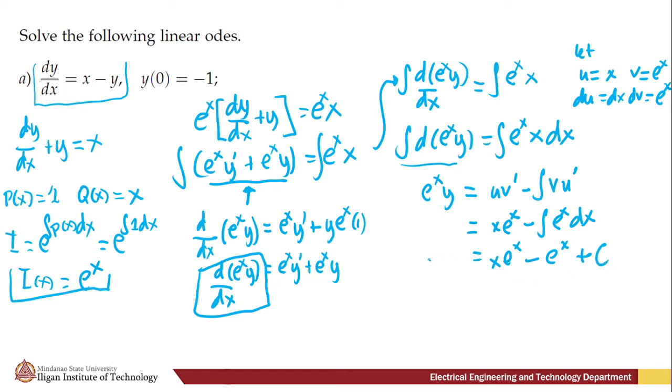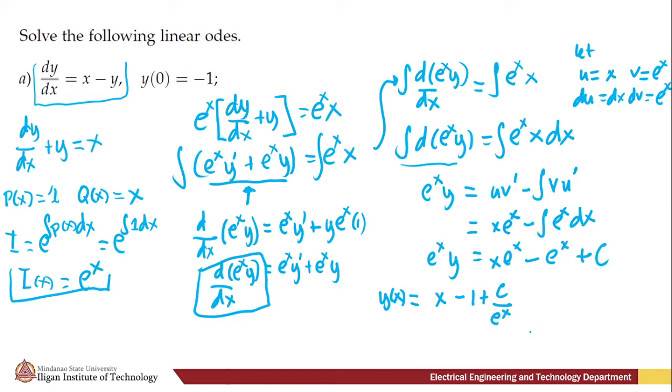Then we equate this with e raised to x times y. So to find the value of our solution y of x, we divide this whole equation by e raised to x. So we have y of x equals x minus 1 plus c over e raised to x.